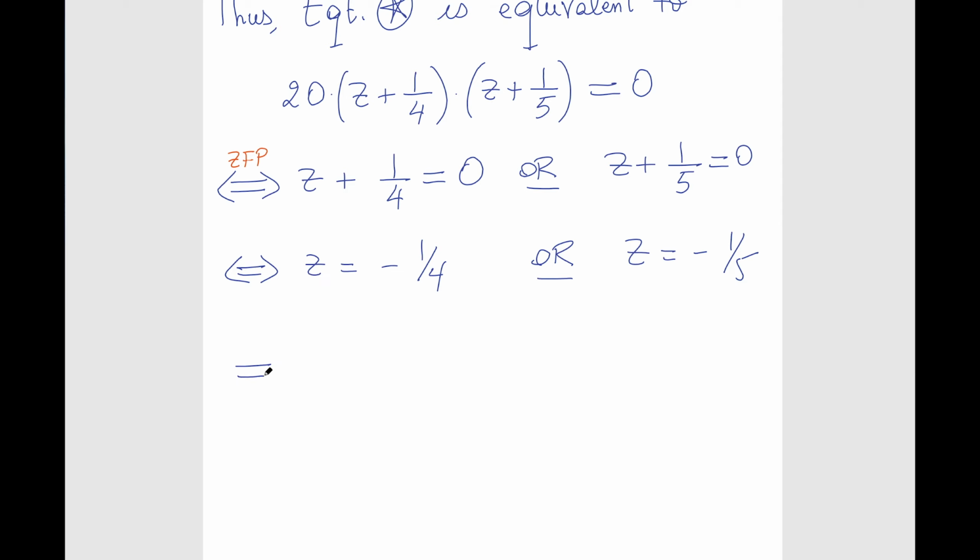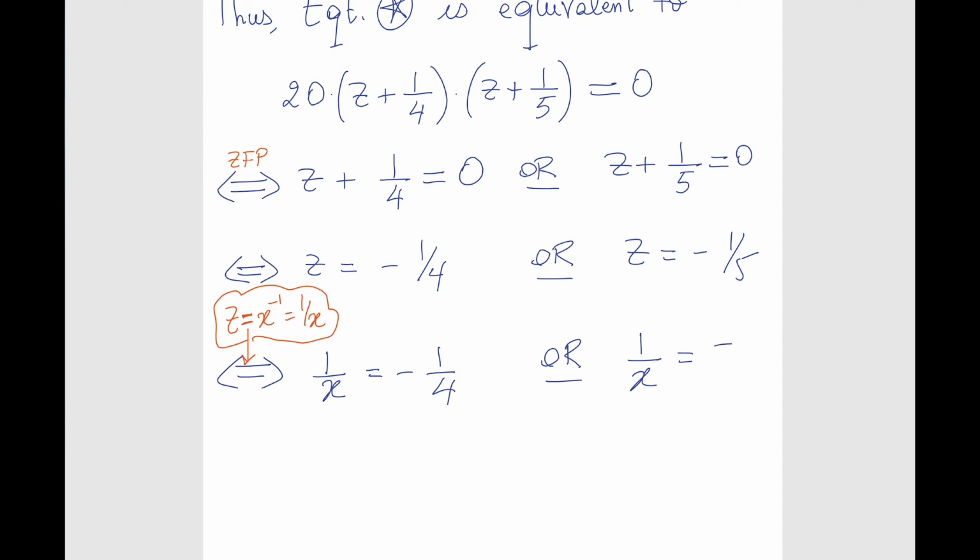Since z was introduced to be x inverse, and x inverse is 1 over x, instead of z I'm going to replace by 1 over x. 1 over x is negative 1 over 4, or 1 over x is negative 1 over 5, correct?